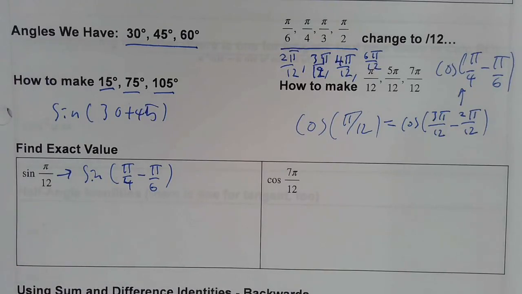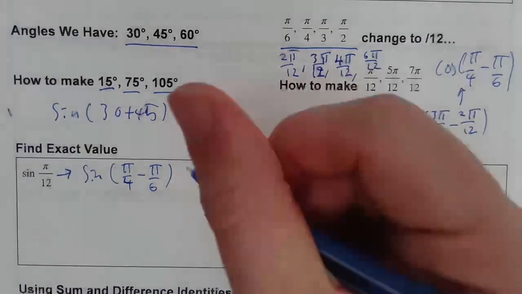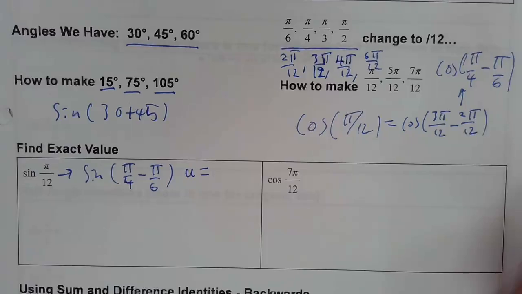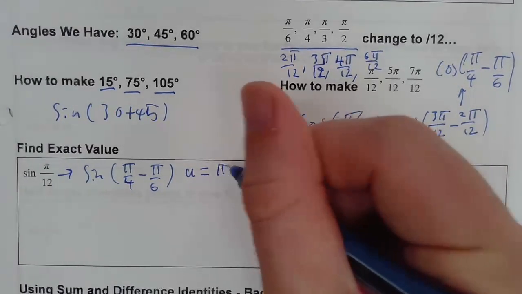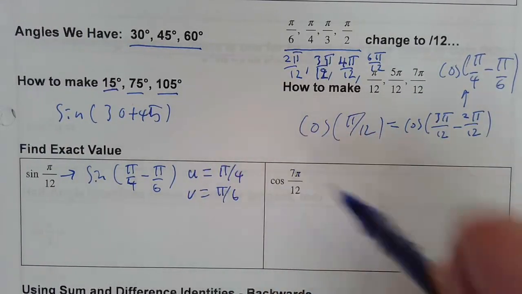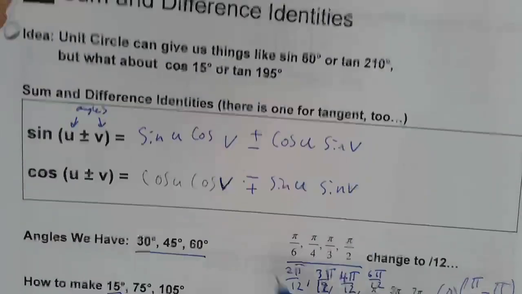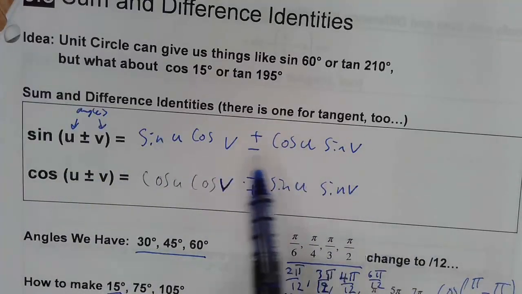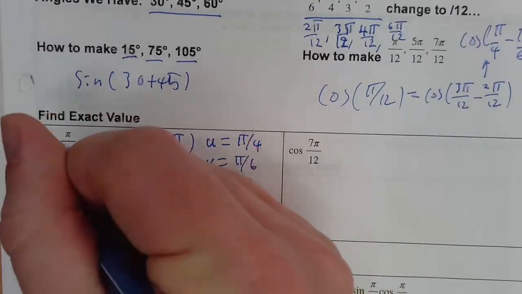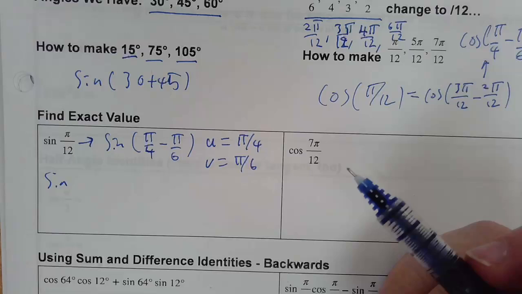It makes sense. So now that we have our sine written as a difference, we have our u and we have our v. What's our u going to be here? Our u is pi over 4. Our v is pi over 6. So we're just going to plug in this u and this v into this equation here. Do you see that? If you look above, as I'm writing it, what comes first?